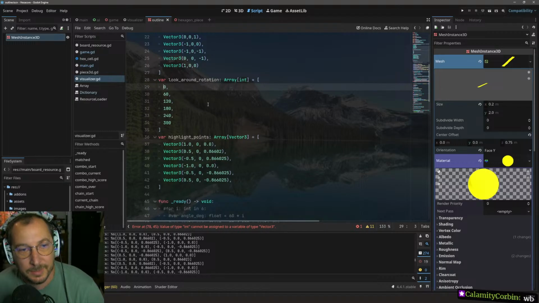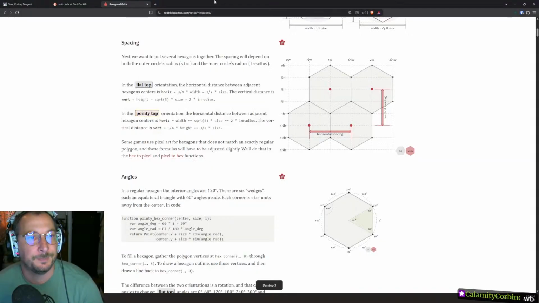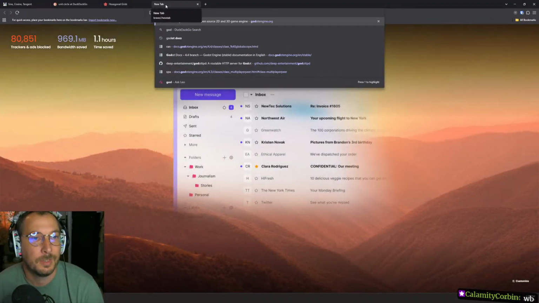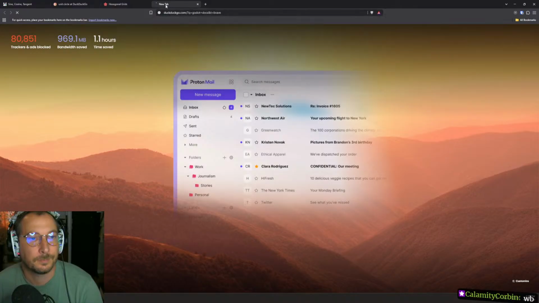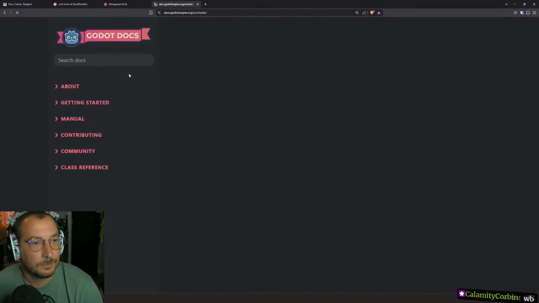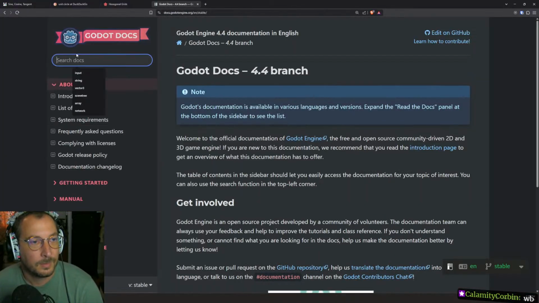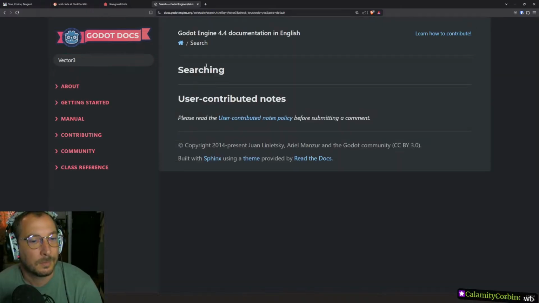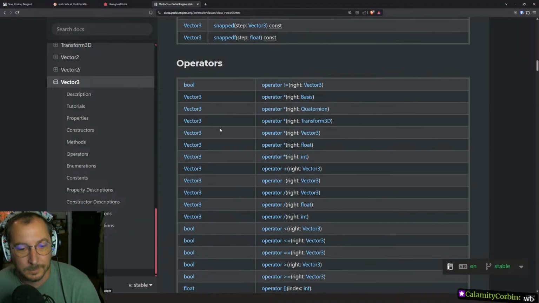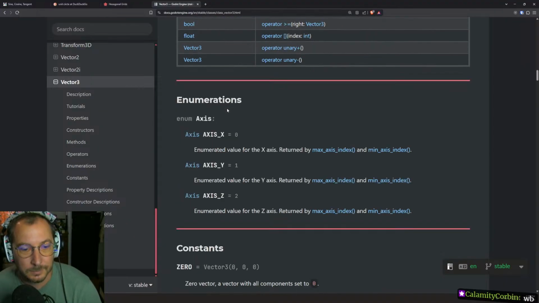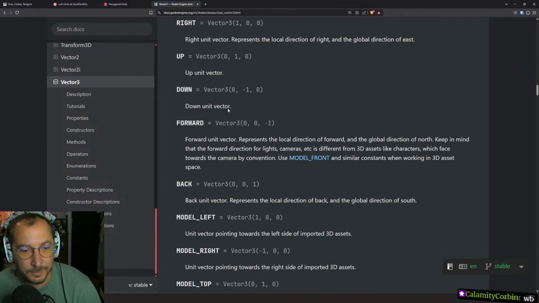Do they have some predefined rotations in Godot for vec3s? Some constants.